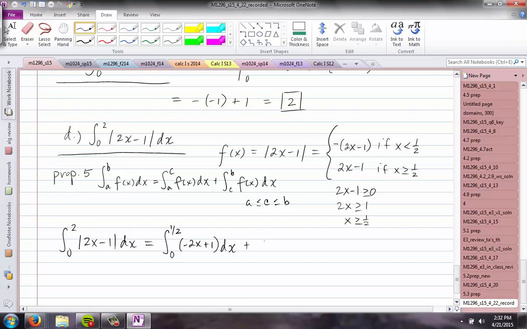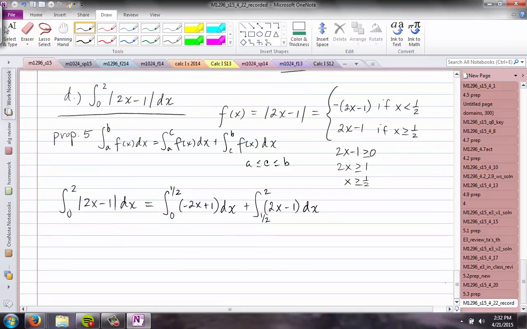Then what this property says is I can add the other piece, from 1/2 to 2, with the other piece, 2x minus 1. So we do two separate integrals, and they're going to be very similar, but now it's really easy.